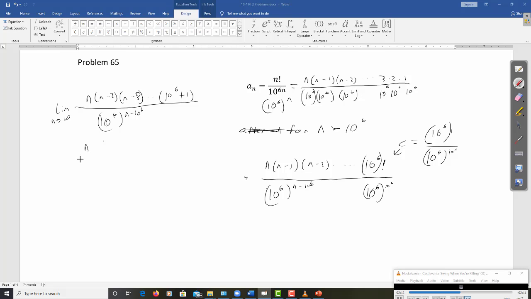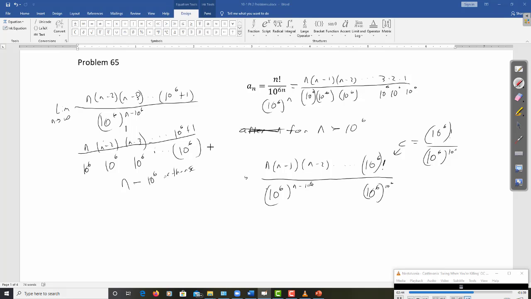So, in essence, we have here n over 10 to the 6th, n minus 2 over 10 to the 6th, n minus 3 over 10 to the 6th, dot, dot, dot, and then we have 10 to the 6th plus 1 over 10 to the 6th. So we have n minus 10 to the 6th of these fractions.